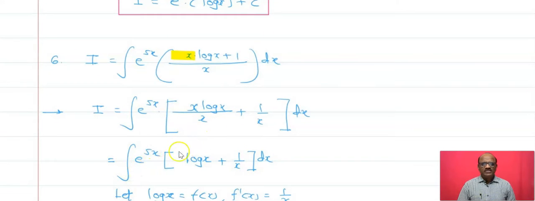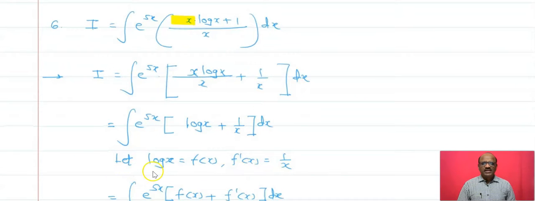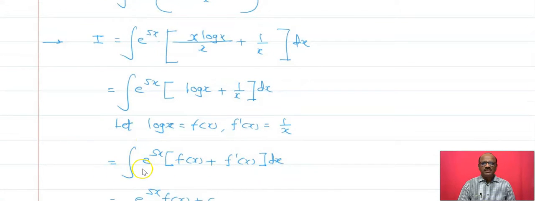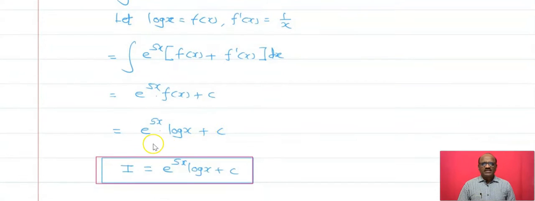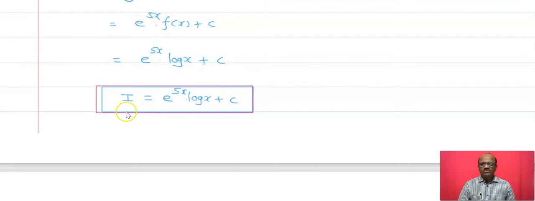Integral e raised to pi x (log x plus 1 upon x). Therefore, let log x be equal to f of x. f dash of x is equal to 1 upon x. Therefore, integral e raised to pi x (f of x plus f dash of x). Then its integral is e raised to pi x into f of x plus c. That is e raised to pi x into log x plus c. Therefore, I is equal to e raised to pi x into log x plus c. And this is the answer.